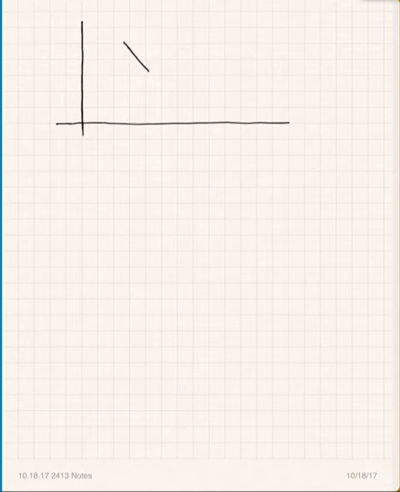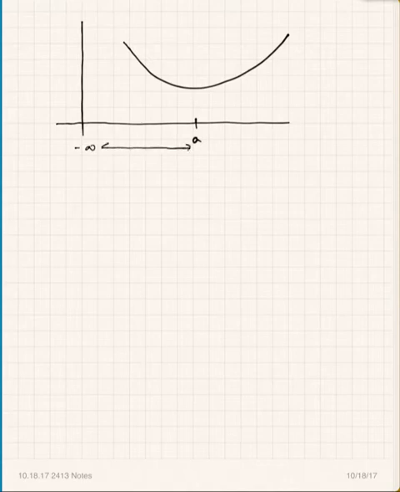All right, so in this graph, let's say we have a shape like this, and this is the value a right here. Then what can we see? That the graph is decreasing as you go from negative infinity to a in this interval right here. And since it's decreasing, its derivative must be negative.